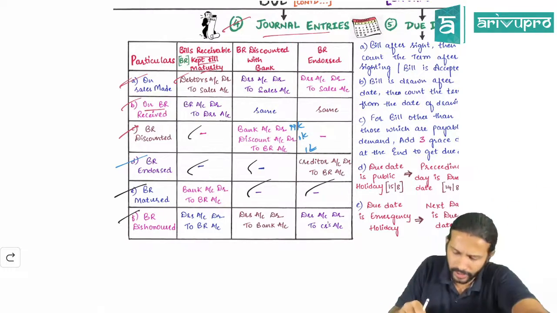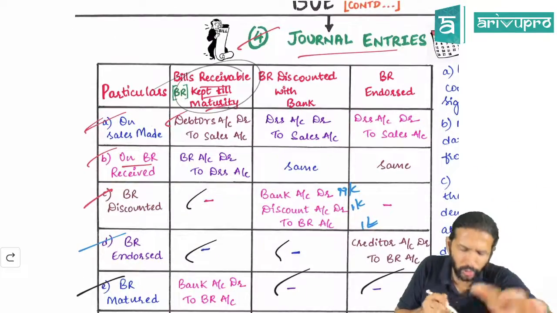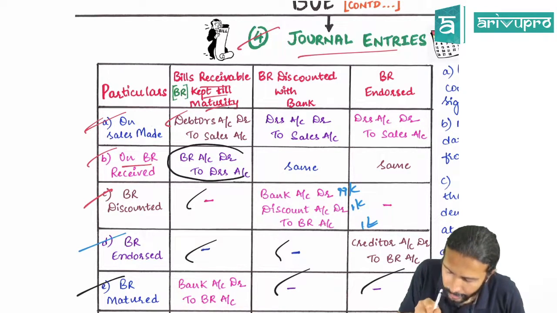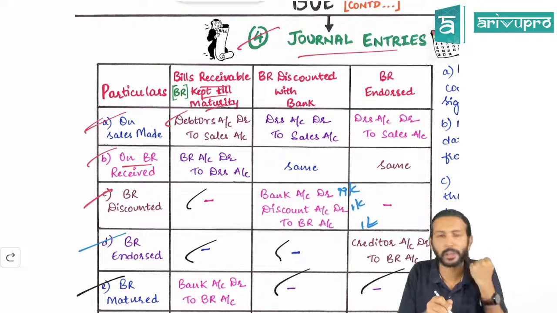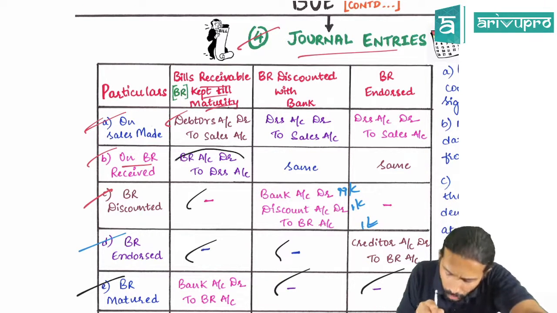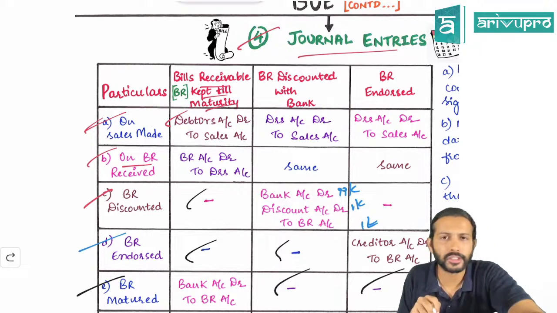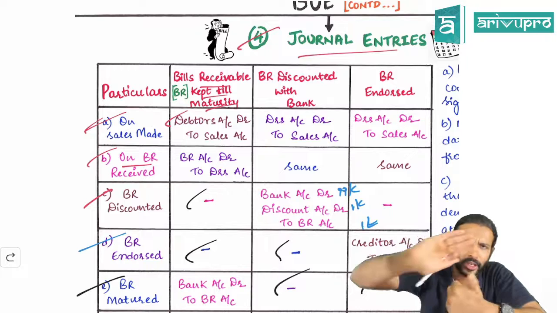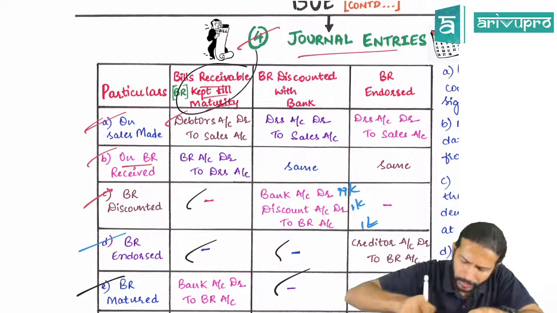Pay attention, all of you. Under the first scenario, you have kept the bill with yourself. When you received the bill from your debtor, what journal entry did you pass? Bill receivable account debit to debtors. Did you give this bill to anybody? You did not discount it. You did not endorse it. You kept the bill with yourself.